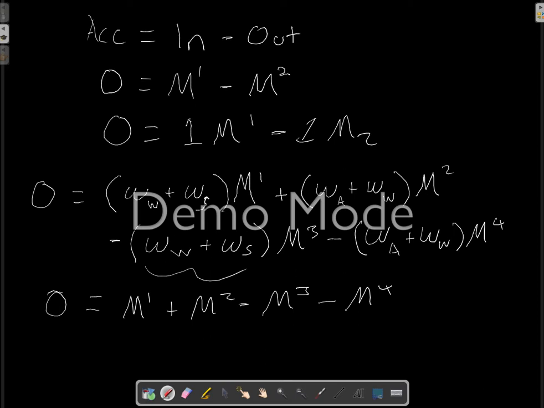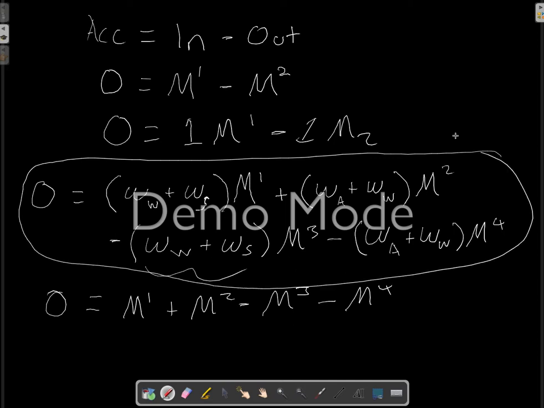So, if we write our overall accounting equation like this, it gets pretty difficult to look at. Now, if we want to make it a little bit harder but a little bit more accurate, we can distribute everything that's in the parentheses through multiplication in order to show us what the actual variables are. The variables in this equation, if you're going to count them, wouldn't be W, WS, M1, WA, WW, M2.